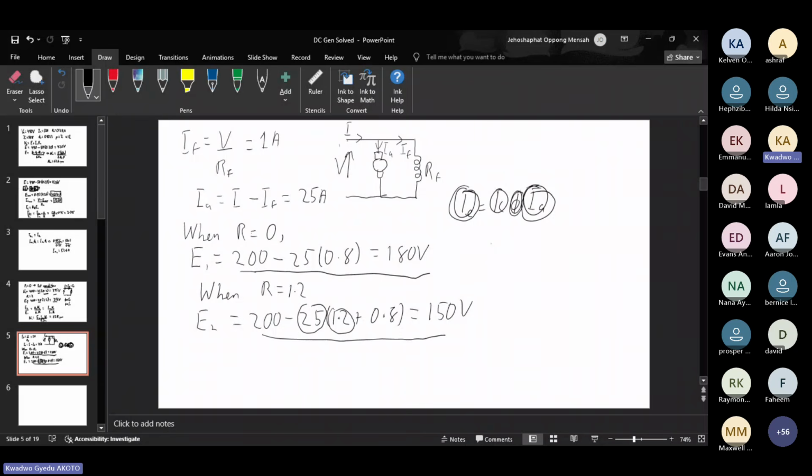So we know that E1 is giving us N1 because phi is constant, right? Then E2 will give us N2 equals E2 N1 on E1. Substituting everything in, this is going to give us 417 RPM.